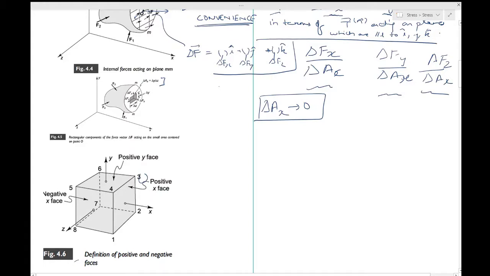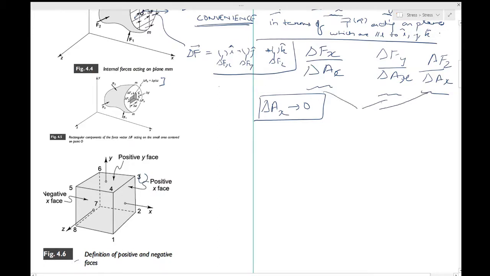Okay, so you have these three ratios, and in the limit delta AX tends to 0, these ratios define the force intensity acting on the X face at the point O, and these values of the three force intensities are defined as the stress components.